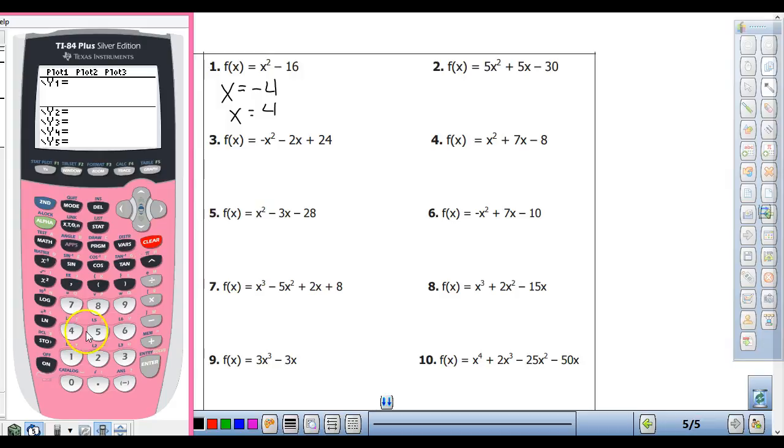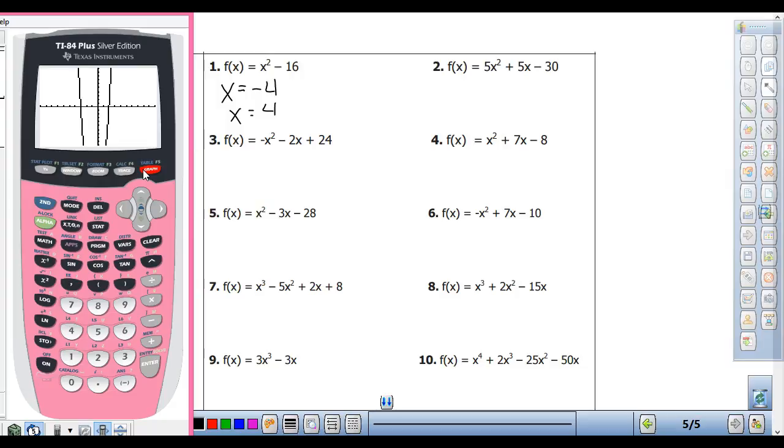And now we're typing 5x squared plus 5x minus 30. Everybody's got that? Okay, so now we hit graph, and now you shouldn't have to fix your graph anymore. Once you hit zoom 6 once, you're good to go.